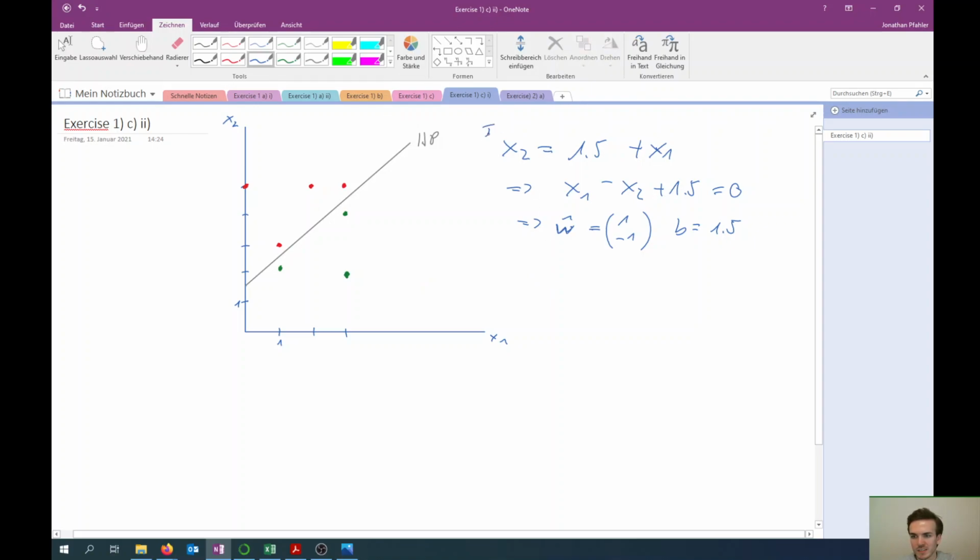So let's say this is exercise part 1, 2, then if this condition here is fulfilled and it's greater than 0, then y hat is equal to 1, and if this condition is smaller than 0, then y hat is equal to minus 1.